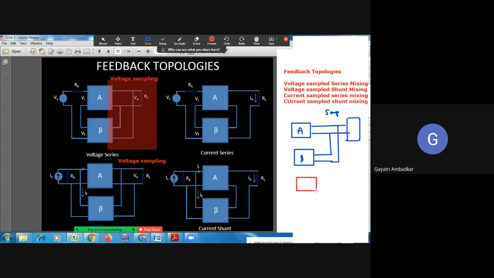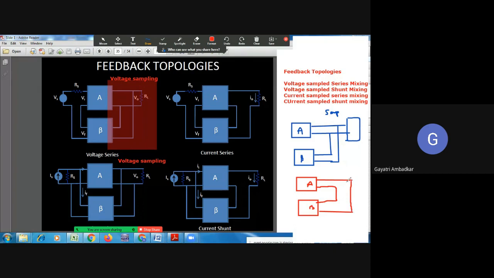So if this is your amplifier, this is your beta network, this is the output of the amplifier, and this is the output of the beta network. So here there will be some load, amplifier, beta network. They are connected in series.